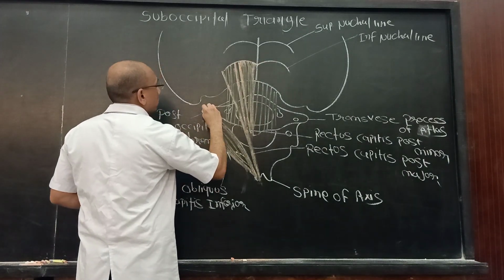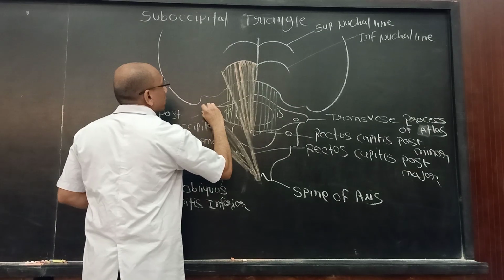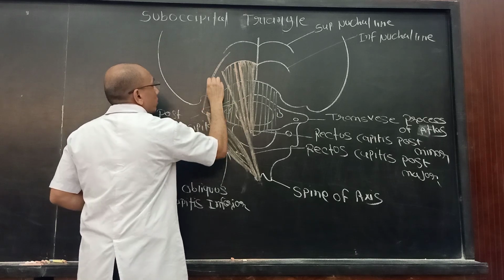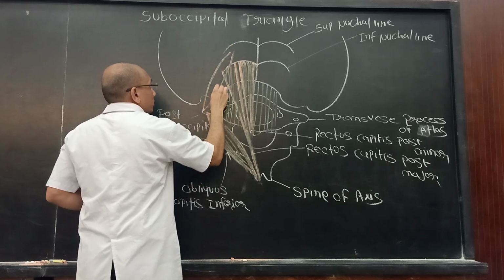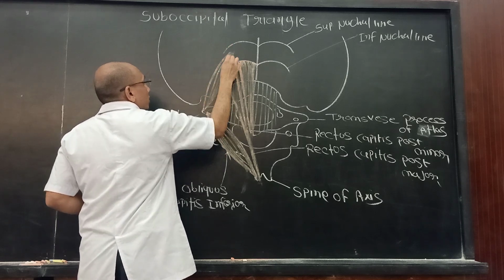And fourth one, which is origin from the transverse process of atlas vertebrae, this fiber going upward and medially and inserted between the superior and inferior nuchal line on lateral side.